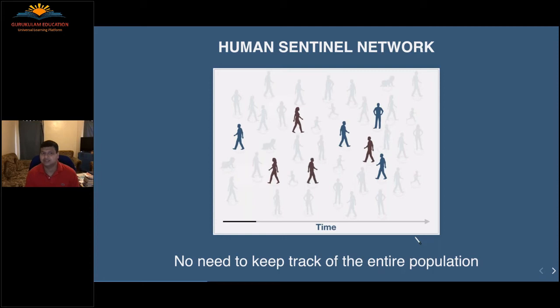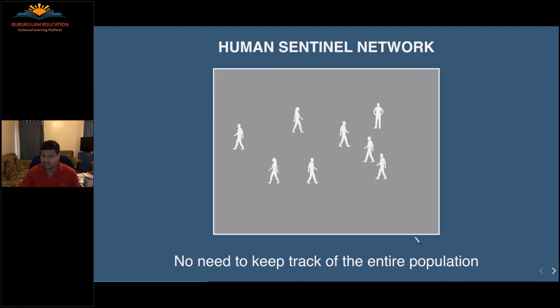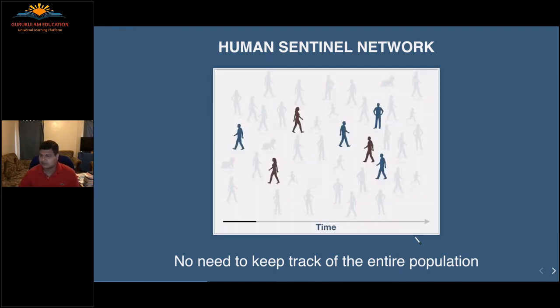And then they change color. If they're blue, they are still susceptible, and then they turn red, they're infected, and then they turn green, they are recovered. So you just pick a random sample of individuals and keep track of when they get infected and when they recover. That is sufficient for your analysis. You don't have to keep track of the entire population.